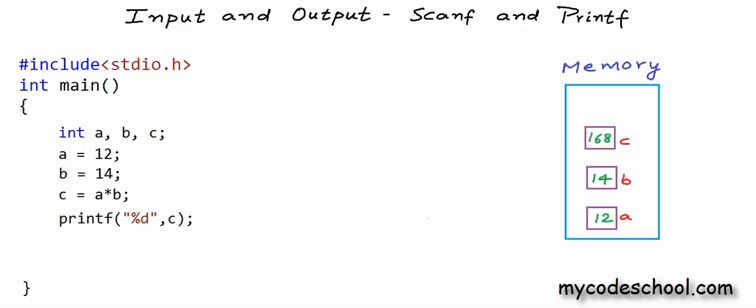The printf function, if you remember this from the previous lesson, is used to print a formatted string. The first argument to the printf function should be a string constant or string literal. A string constant is created by putting a sequence of characters within double quotes. The string constant that we have passed to printf here has two characters, % and d.